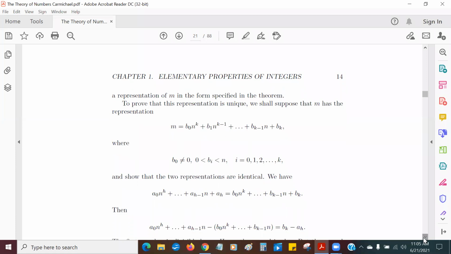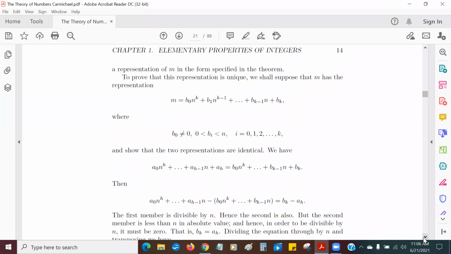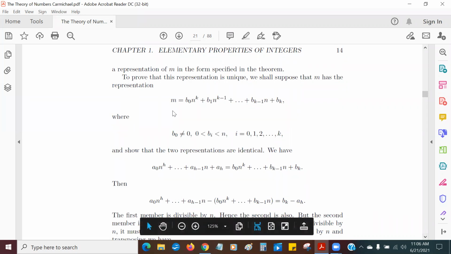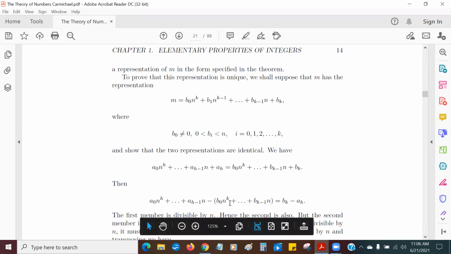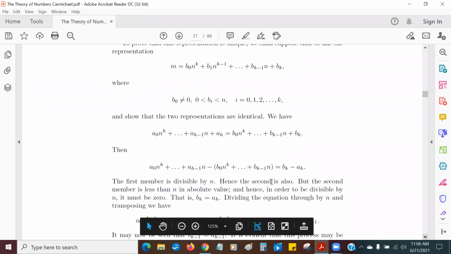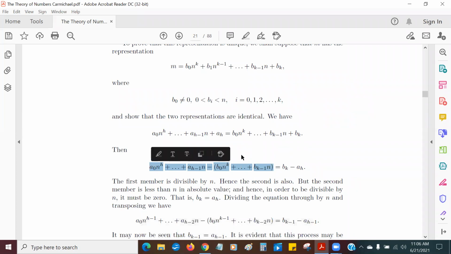Now, how do you know this is unique? Well, it's unique because we said one and only one. We know it's unique because if I had another representation, suppose m was also b_0 n^k plus b_1 n^(k-1) and so on, and of course the first b_0 does not equal 0. If I set these two equal to each other and bring all the n's over to one side, on the left side everything is divisible by n, so this is a multiple of n.